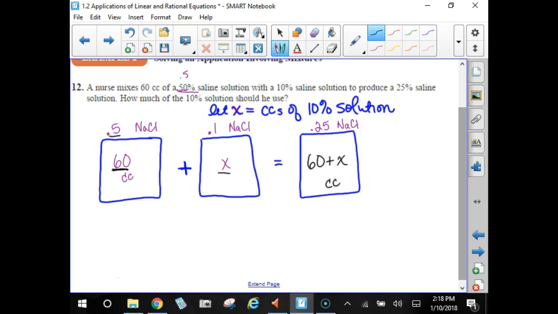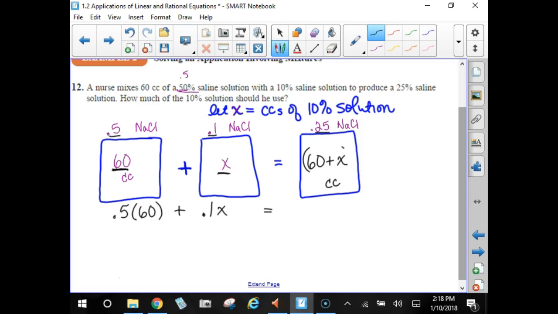So 0.5 times 60 is the amount of saline we will have in the 60 cc's. Next, we take the percent, 0.1, times the amount, X. We have 0.1X equals, over here, percent times amount.